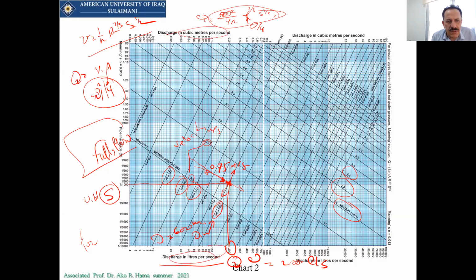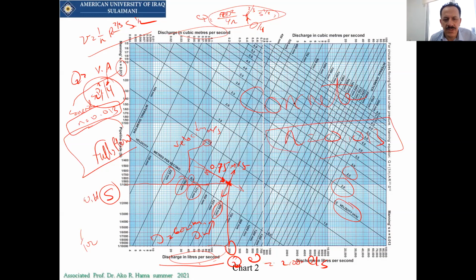It doesn't matter if you want to use liters per second or cubic meters per second. And here's the Manning n, because this is for concrete, by the way. This chart is for n equal to 0.013, nothing else. So this chart is only for concrete, n equal to 0.013.